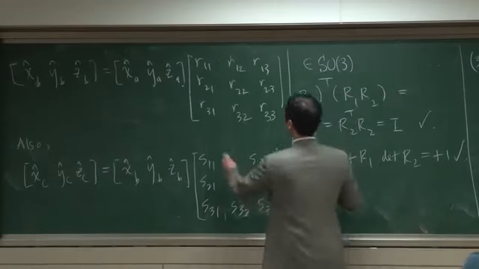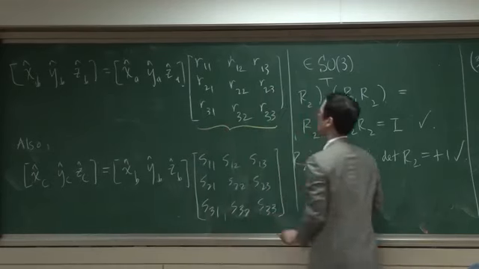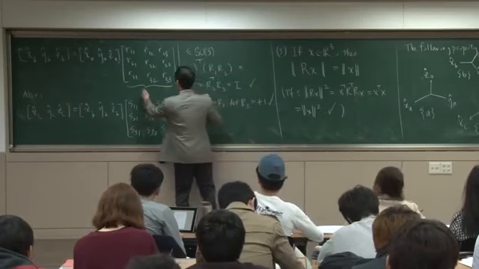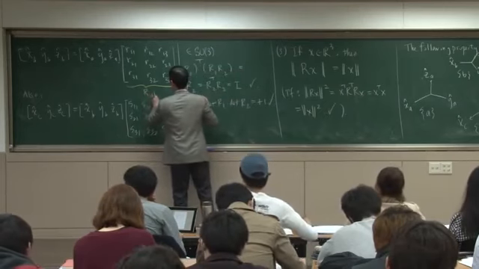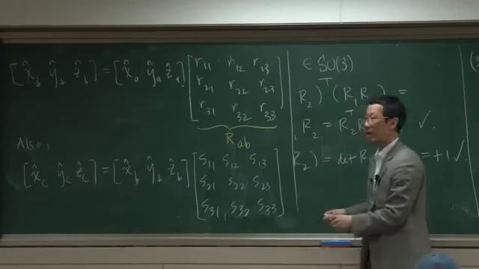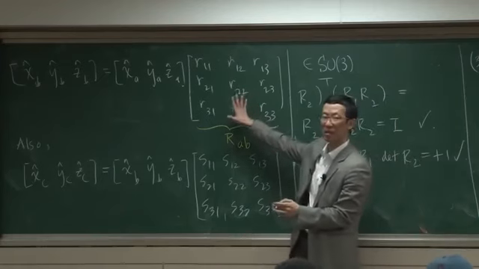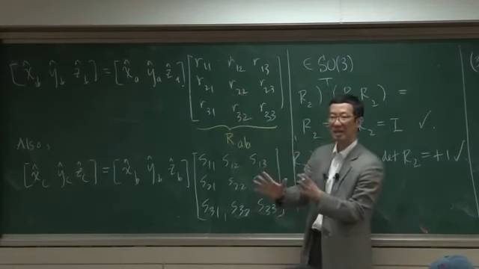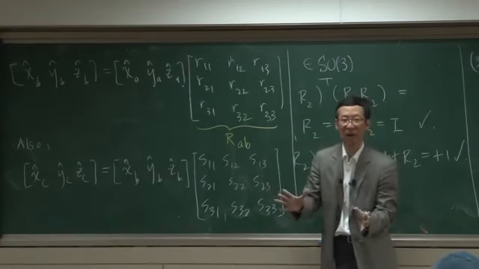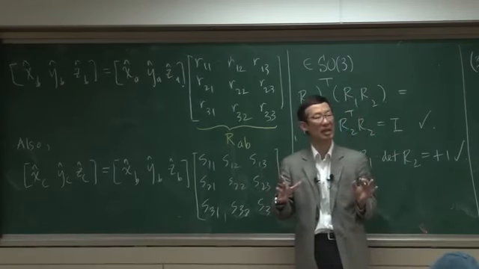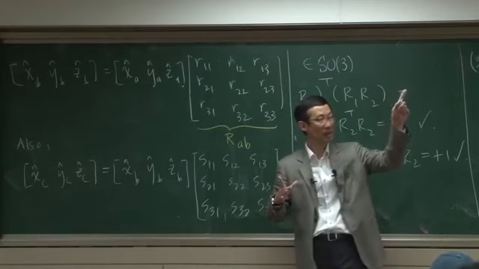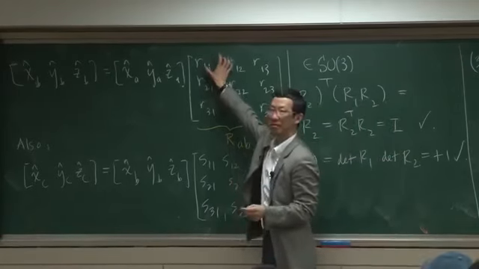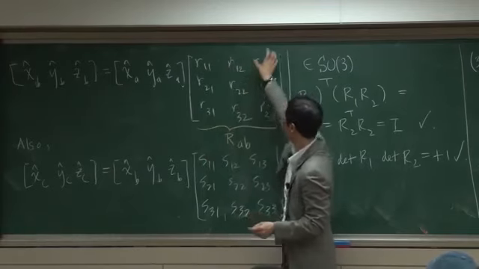Let me call this matrix RAB. Why do I call it RAB? This is a description of the B frame as seen from A. If I'm an observer standing at A, looking at B, I can write the columns of the B frame, arranging the columns in this way.